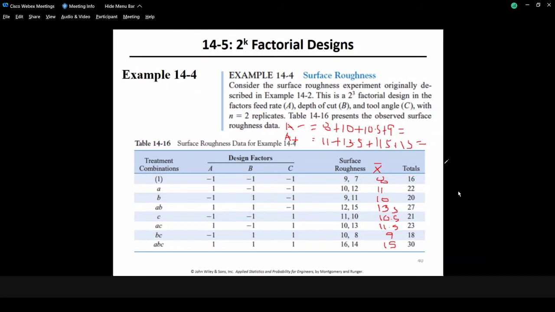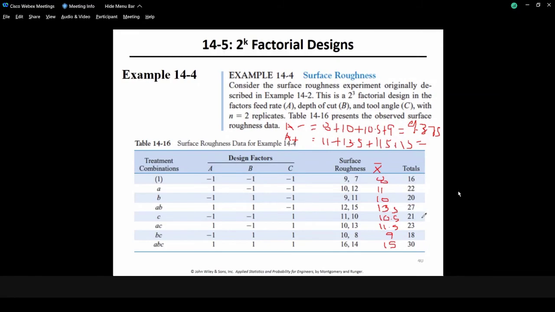8, 10, 10.5, 9, divided by 4, 9.375. Okay, this one 9.375, correct. For A plus: 11, 13.5, 11.5, 15, right?